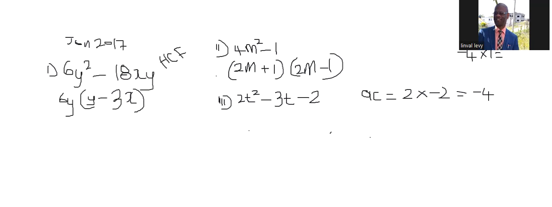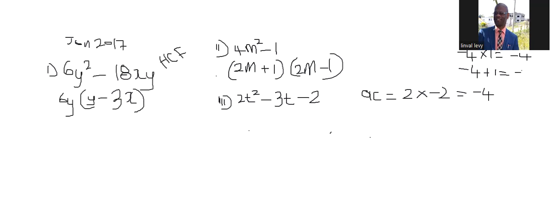is equal to negative 4, and then negative 4 plus 1 equals -3. Why -3?